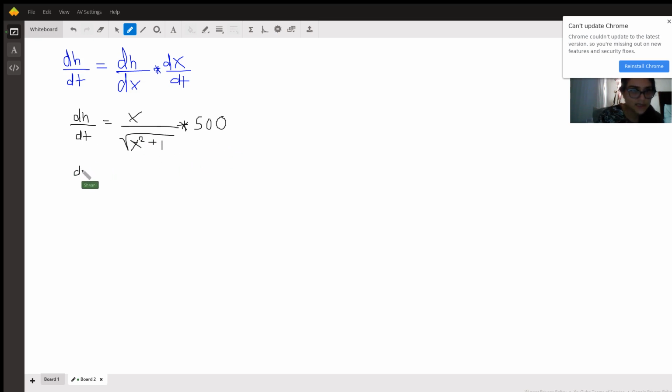So dh over dt when x equals 50 is equal to 50 over the square root of 50 squared plus 1, times 500.